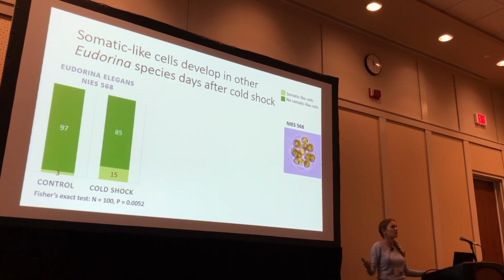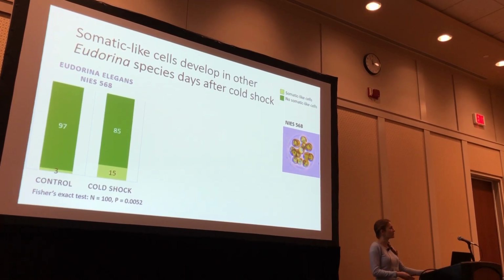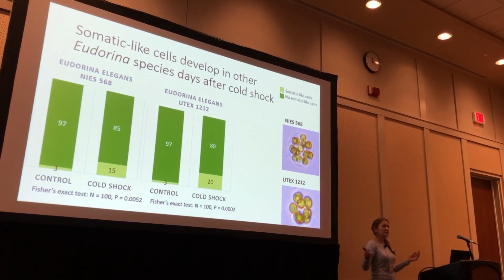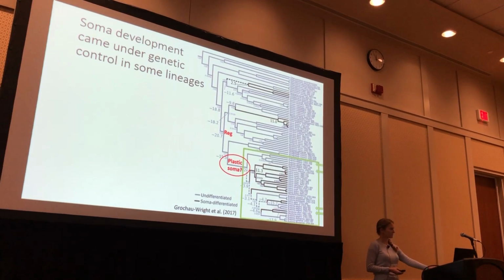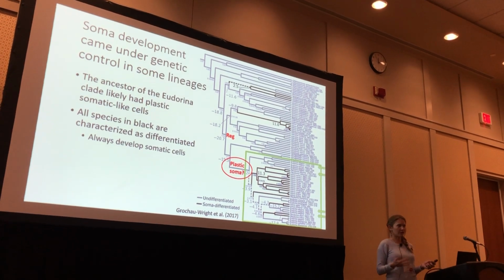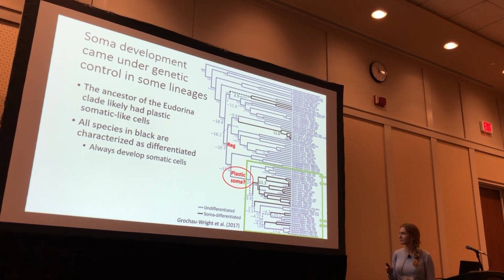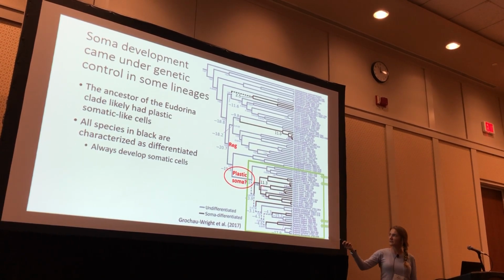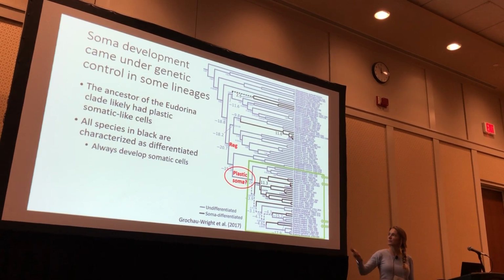You see that there's a higher proportion of colonies with somatic-like cells in the cold shock treatment relative to control. And this is consistent with what I saw in the second uterine species. So the ancestor of this uterine clade most likely had somatic-like cells. So the somatic-like cell phenotype is most likely ancestral.